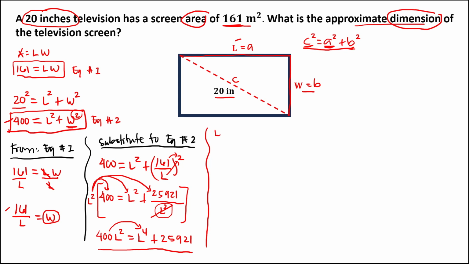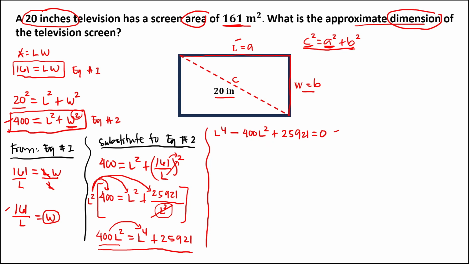This becomes L to the power 4, then minus 400 L to the power 2, then plus, just copy 25,921 equals 0. Then from this quadratic equation, we can use the quadratic formula.